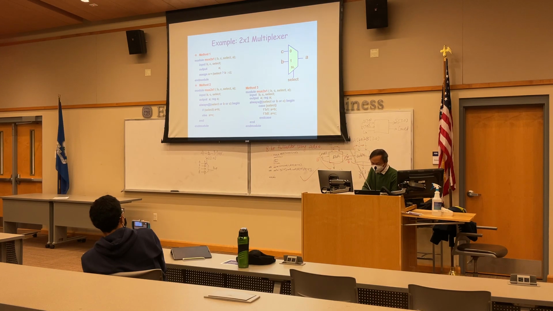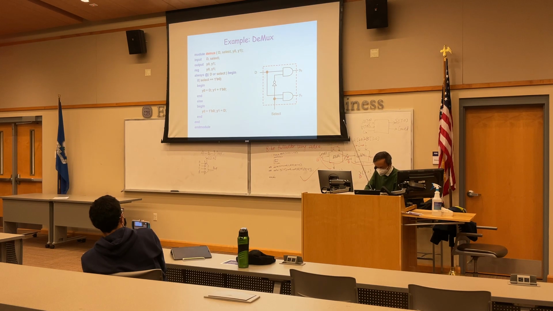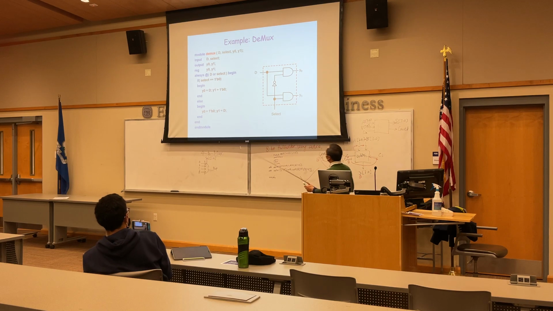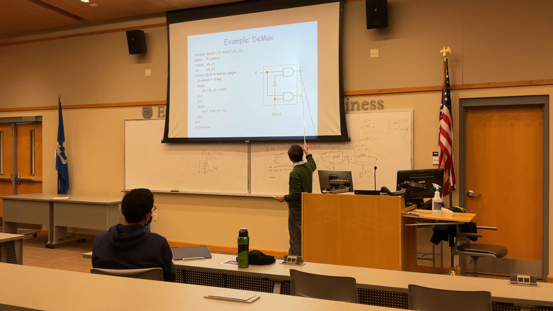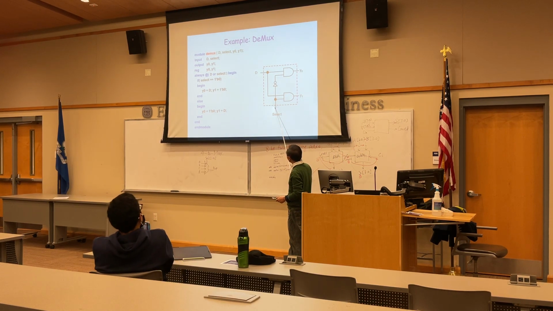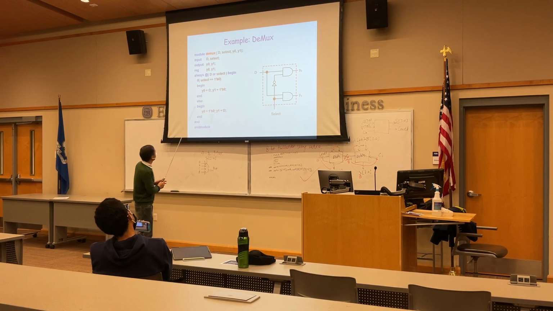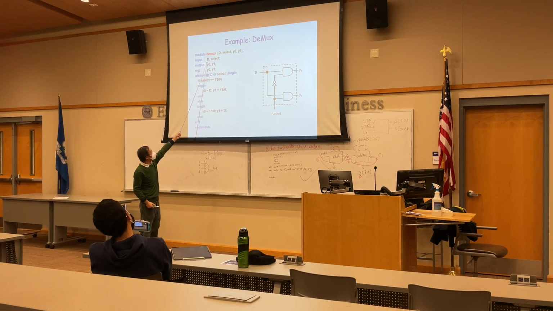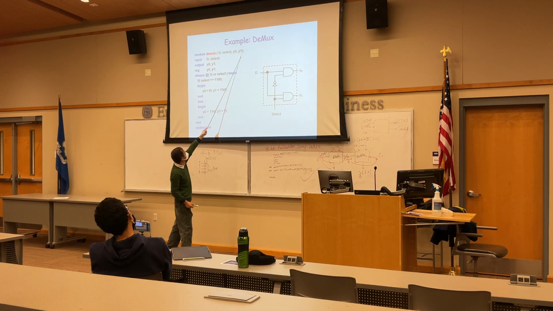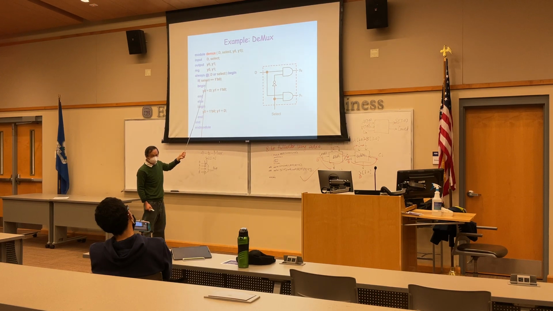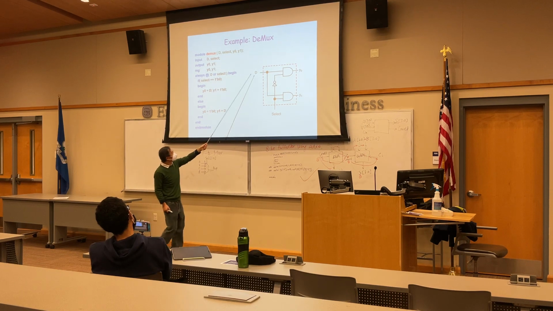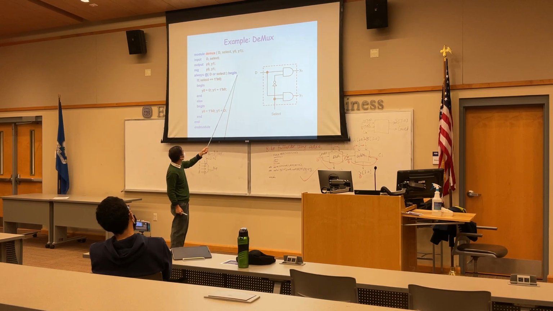Conditional statement. The demux design: one input goes either here or here, using the select. What would you design? Same as before: module name, input list, always block, sensitivity list, begin. What are we going to do?